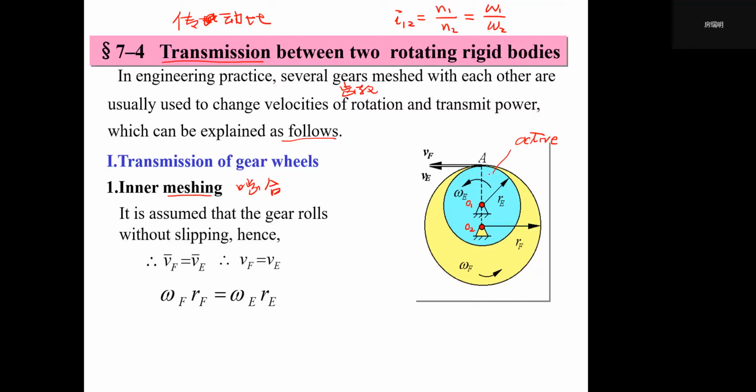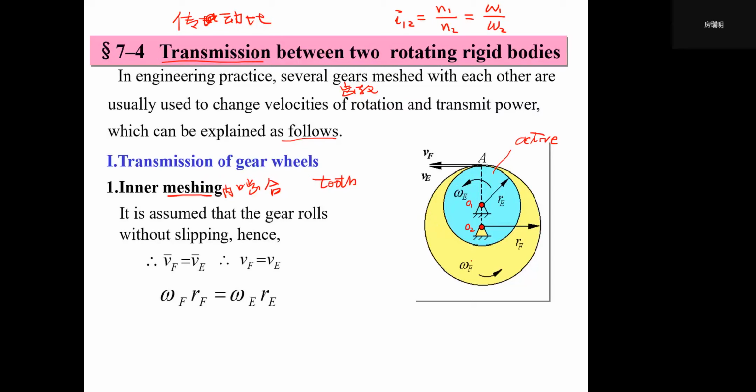The teeth of the smaller one will push the teeth of the yellow one. When the smaller one rotates around O1, the yellow one will have to rotate around this point O2, right? We call that inner meshing, 内啮合. When we talk about inner meshing, these two gears will have the same direction of omega.